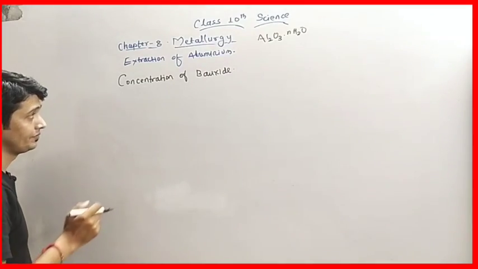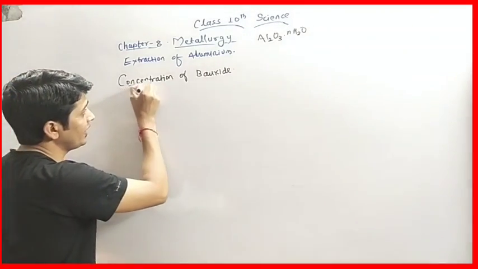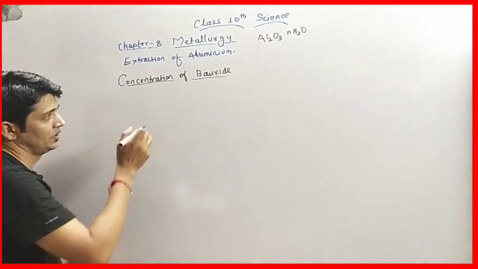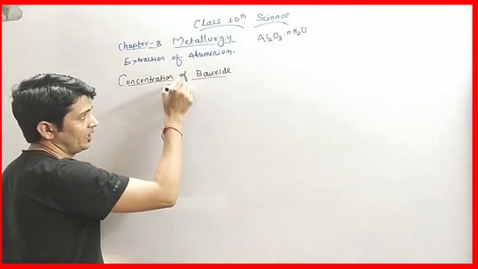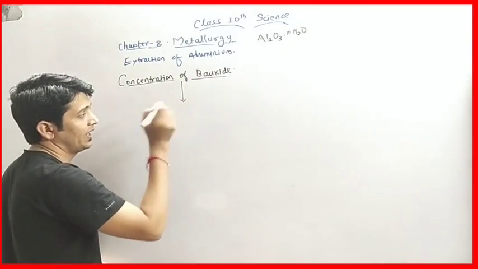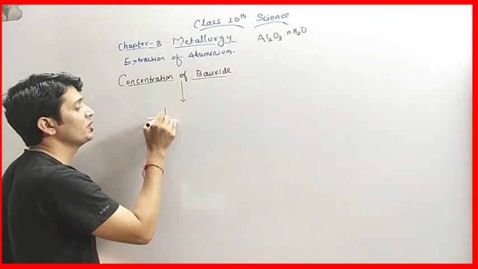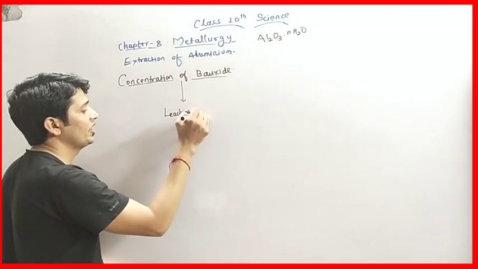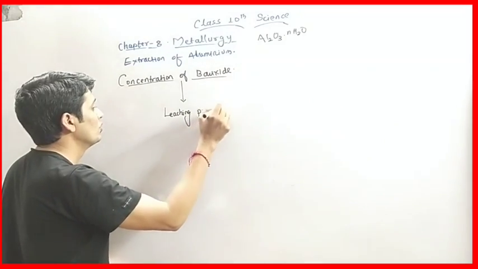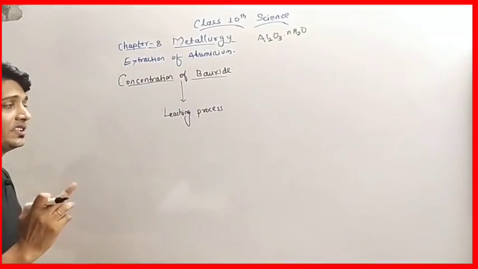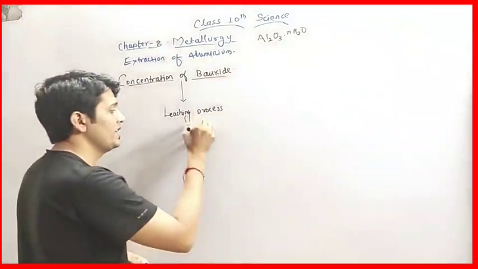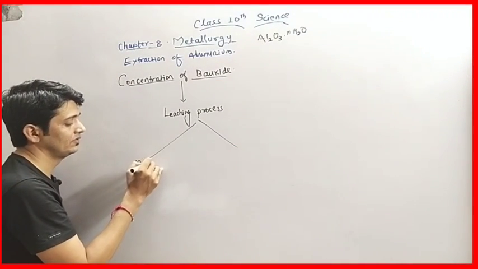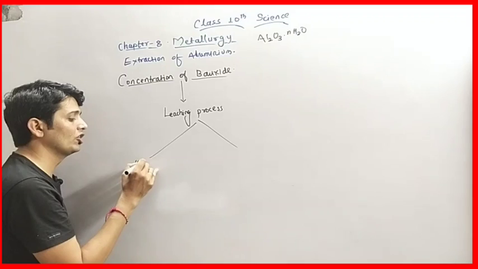Then, in concentration of ore, we are using two different methods. The concentration of ore of alumina takes place with the help of the leaching process. The leaching process again completes in two different methods.